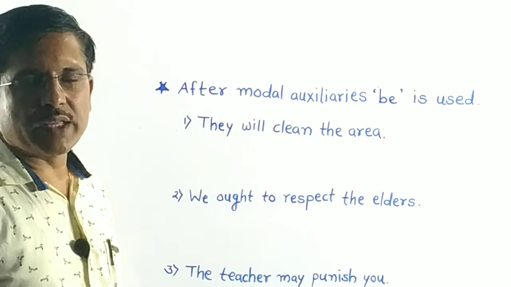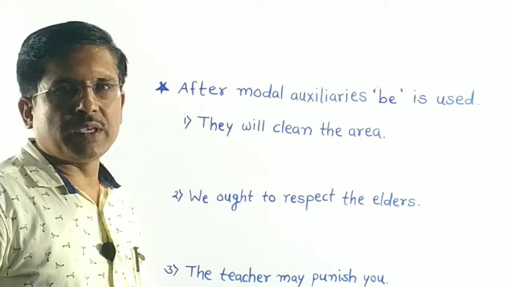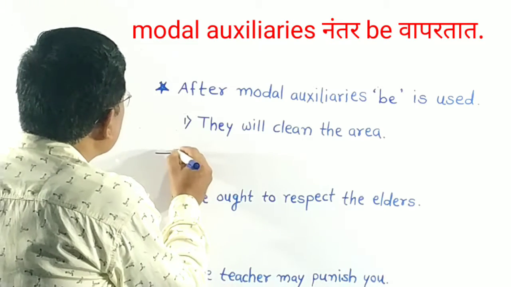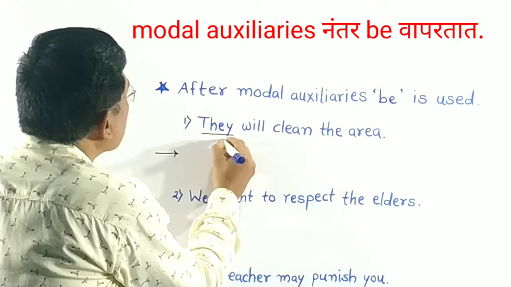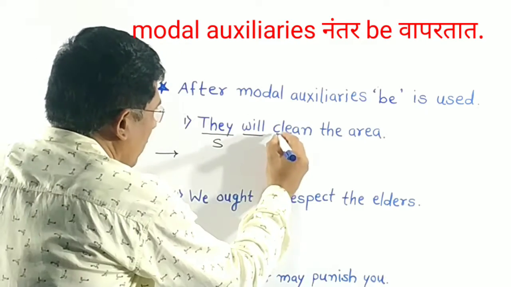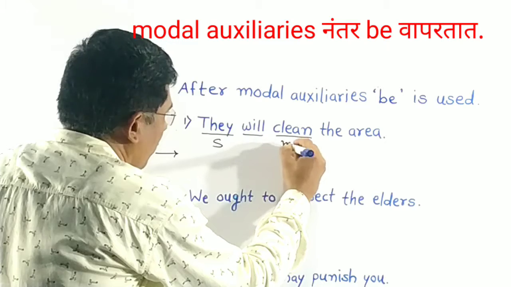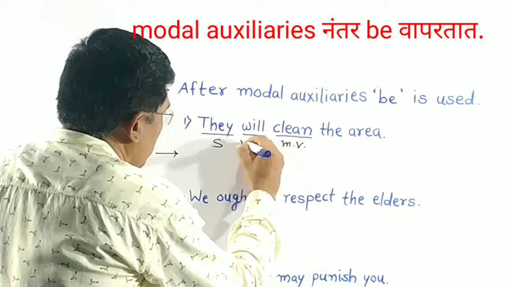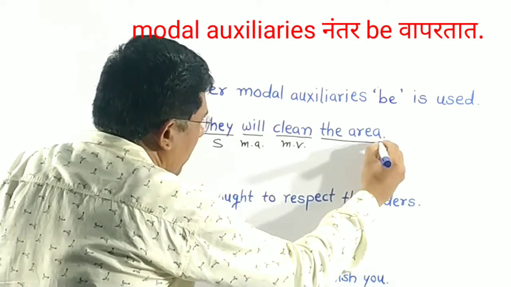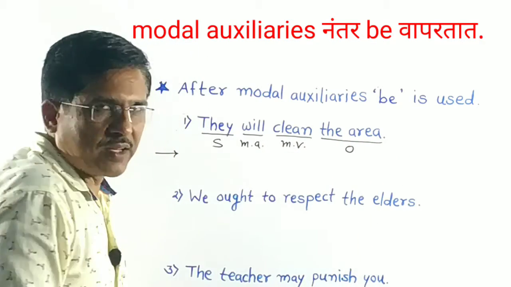After modal auxiliaries, we use be in passive voice. See the sentence here. They is subject, will is modal auxiliary, clean is main verb, the area is object.